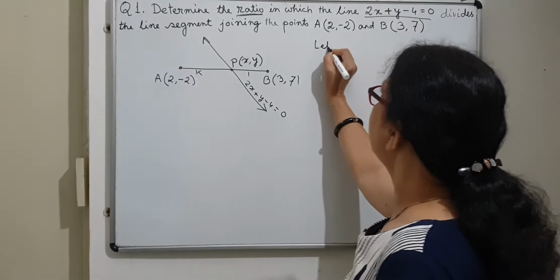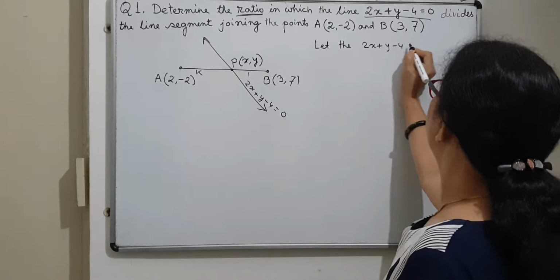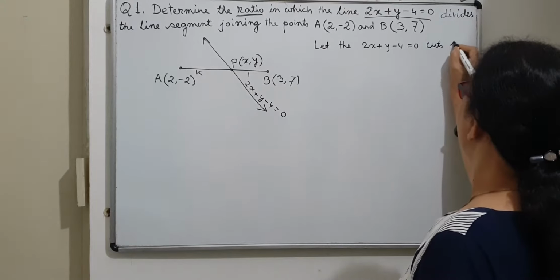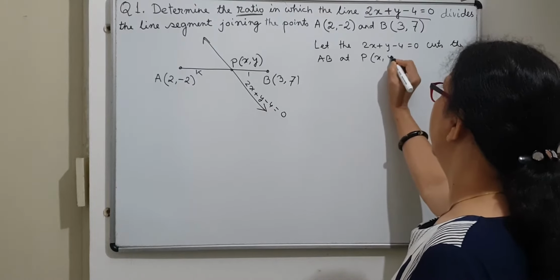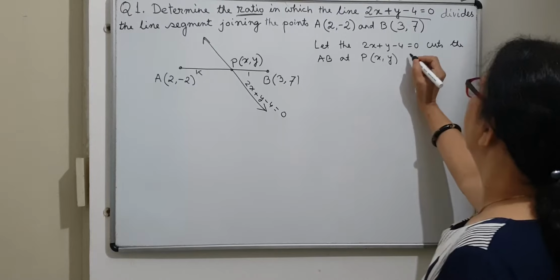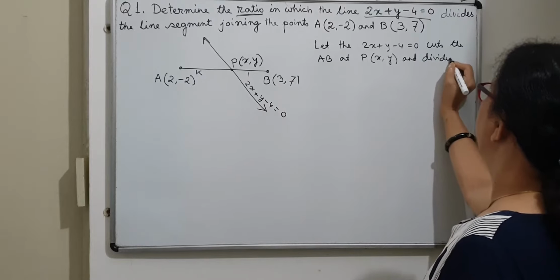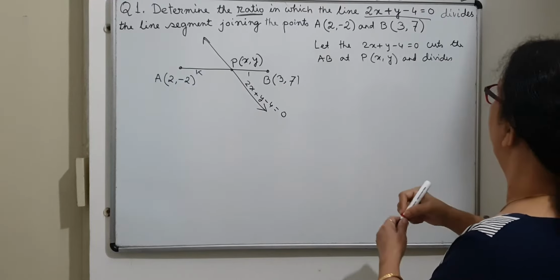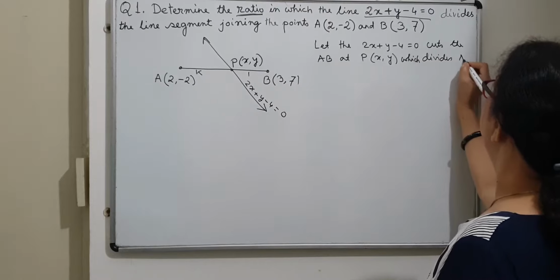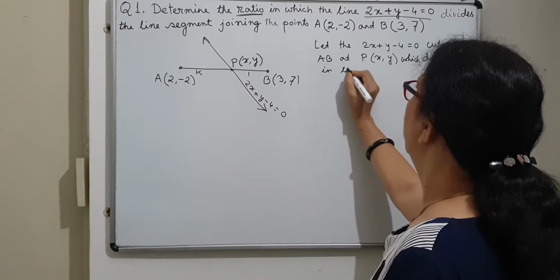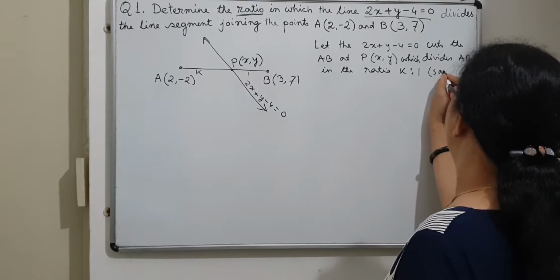So we write: let the line 2x + y - 4 = 0 cut the segment AB at P(x, y), and divide AB in the ratio k:1, say, because we have assumed.